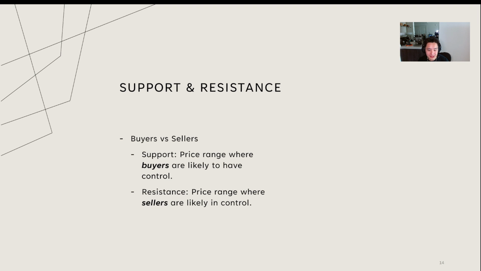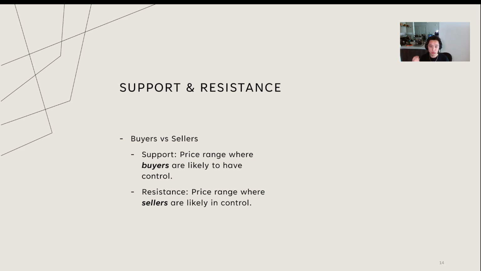One of the most basic parts of technical analysis is knowing what support and resistance is and where that is on the chart. Essentially, again, we talk about this buyers versus sellers story. Support is the price range and area where buyers are likely to have control. So if price is coming down to a certain price point, you're looking for a spot where buyers are likely to take control for price to potentially bounce and go back up.